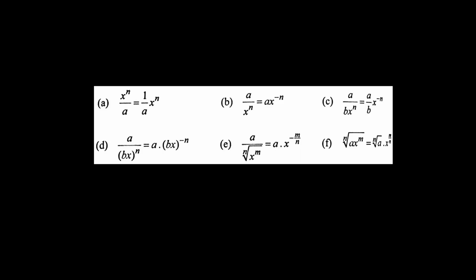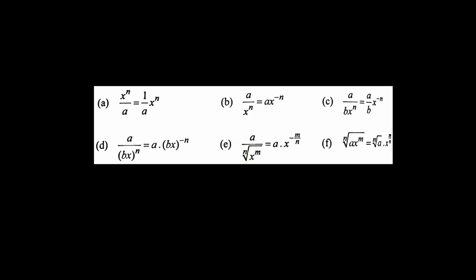All right, then we look at E. This is using your surd law. When you have an x in a surd, we need to get rid of that surd before we can use these rules. So the rule is we take the base inside the surd, which is x, and we take its exponent m divided by the outside n.